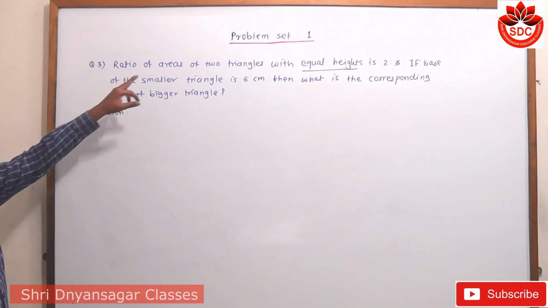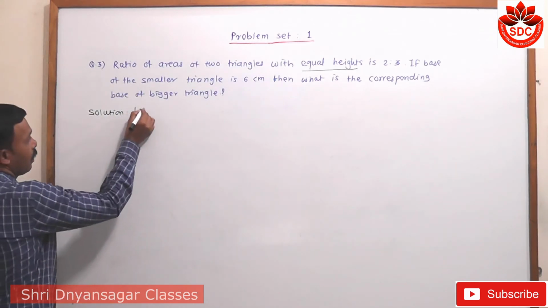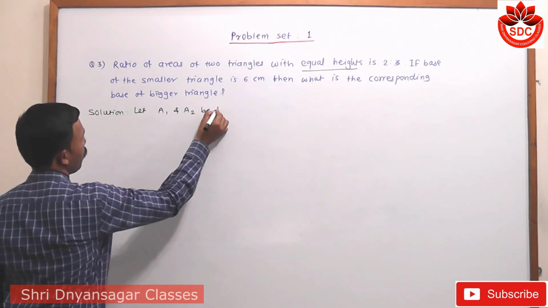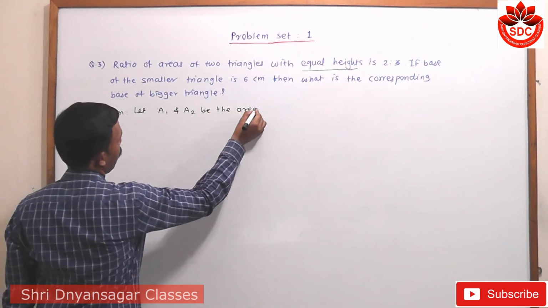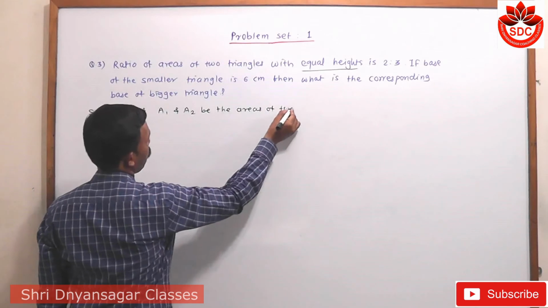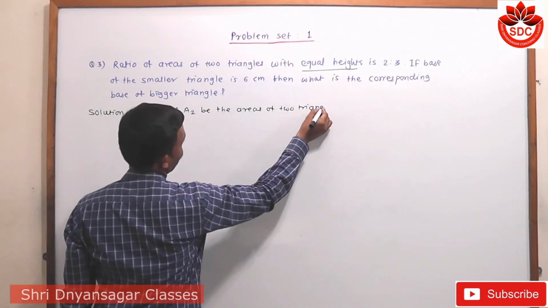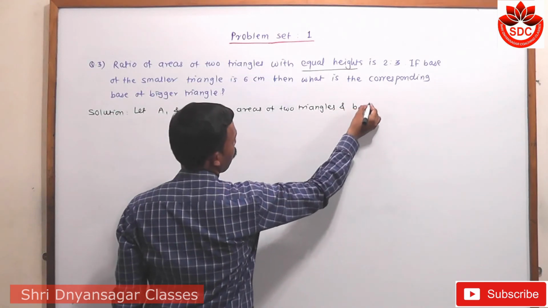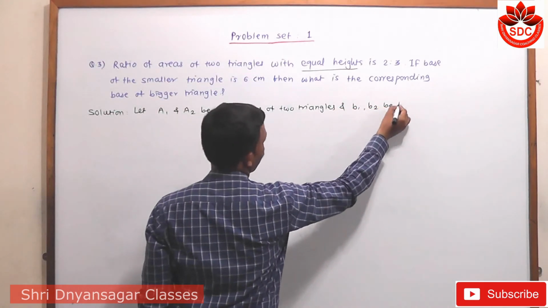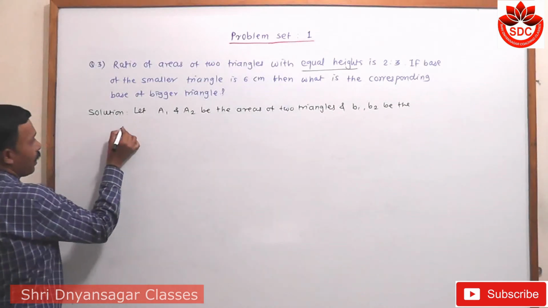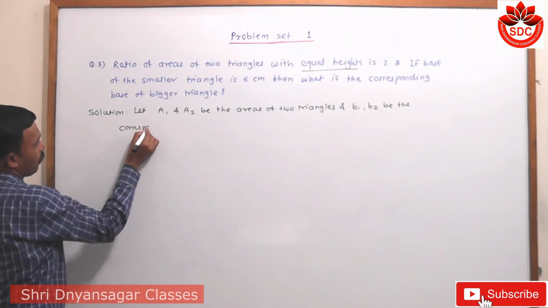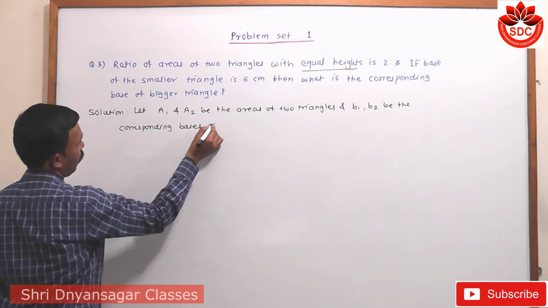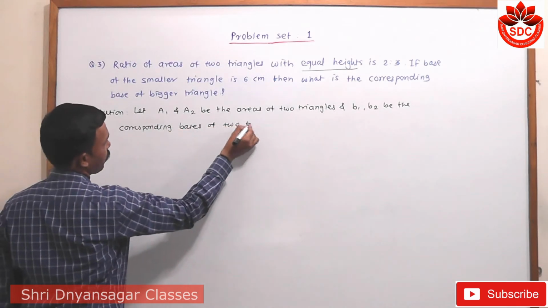So, its solution. Here we take their areas. Let A1 and A2 be the areas of two triangles and B1, B2 be the corresponding bases of two triangles.